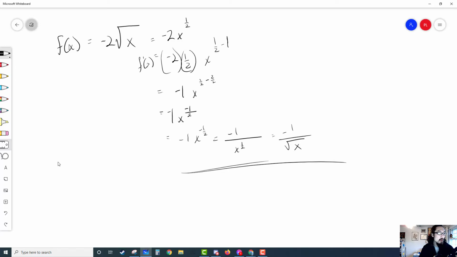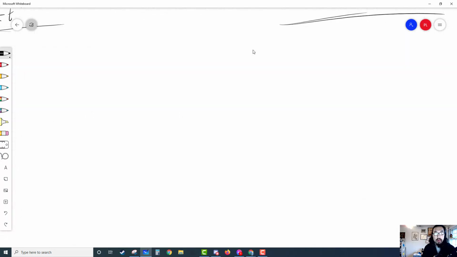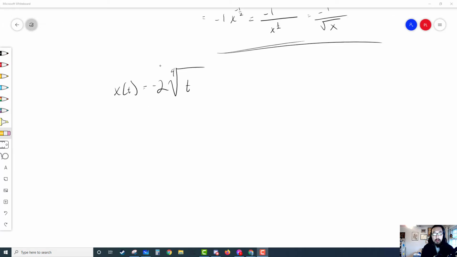All right, so another one. Let's do x of t is equal to negative 2 times the 4th root of t. Step 1 is to simplify this. I don't like that square root, so I'm going to get rid of it. Whenever we have a number in that little nook of the root, you should know that the root just means that we have a division.